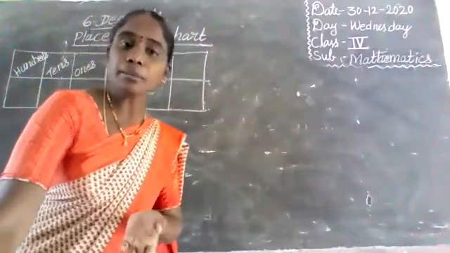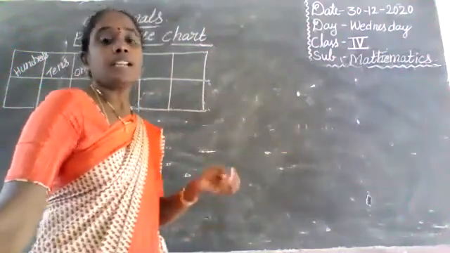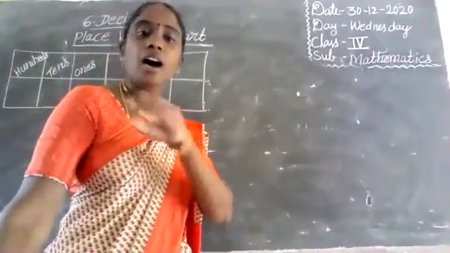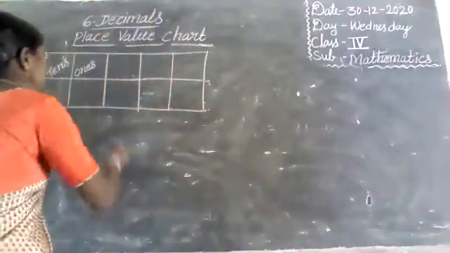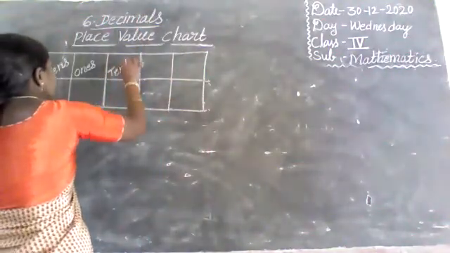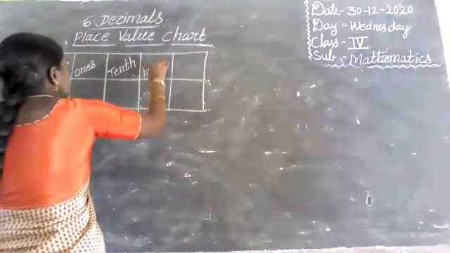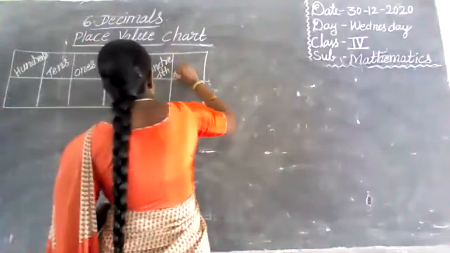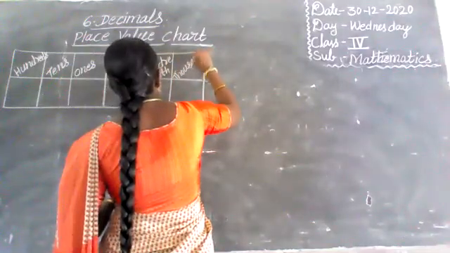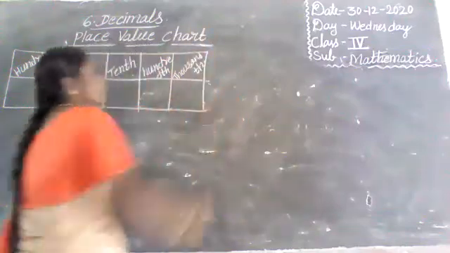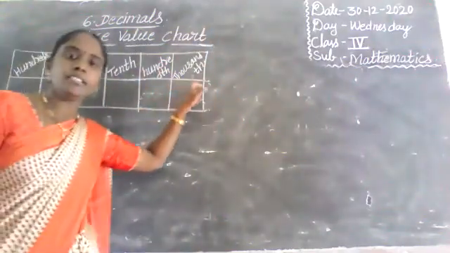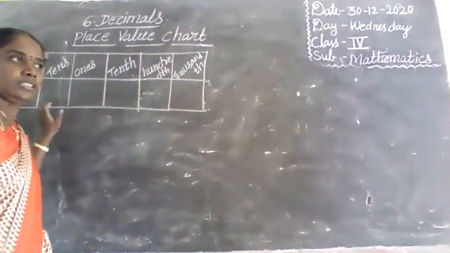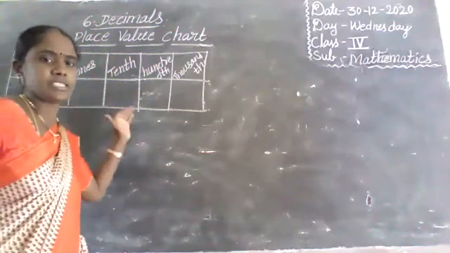Next, the place value chart in decimal numbers: tenth, hundredth, thousandth. In whole numbers we write ones, tens, hundreds only.